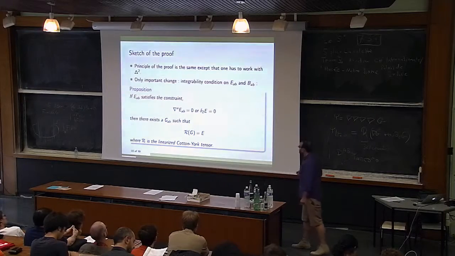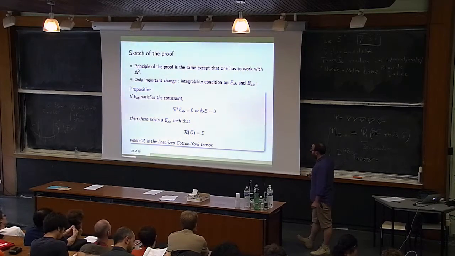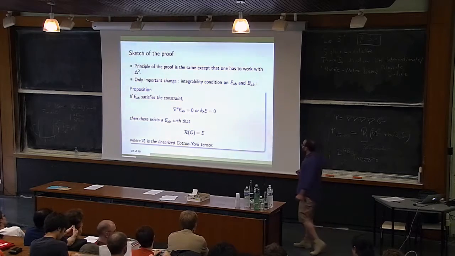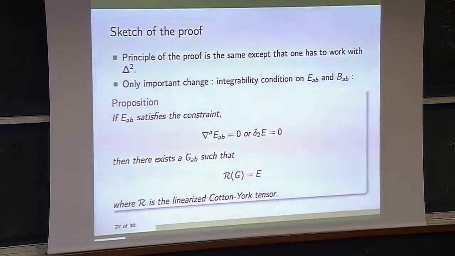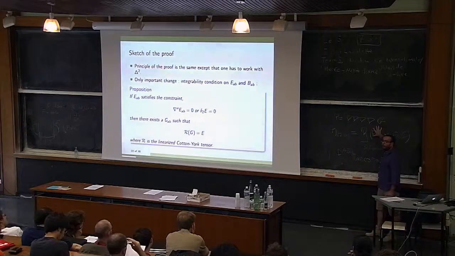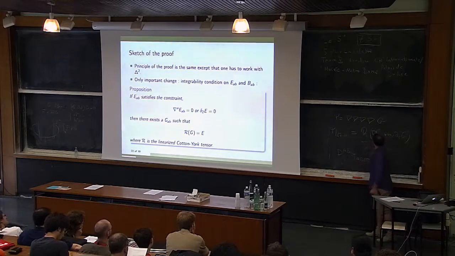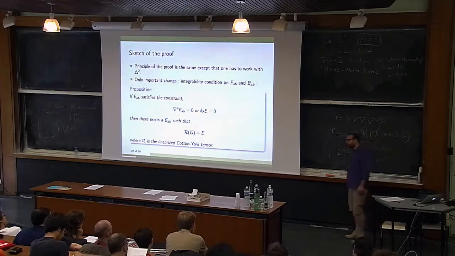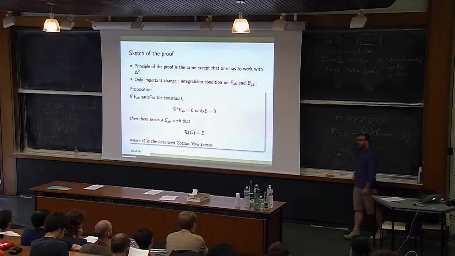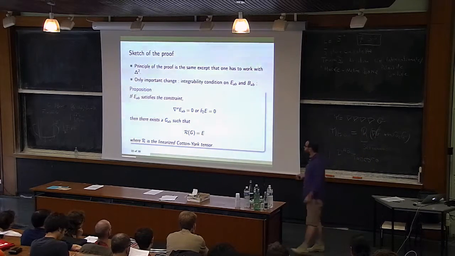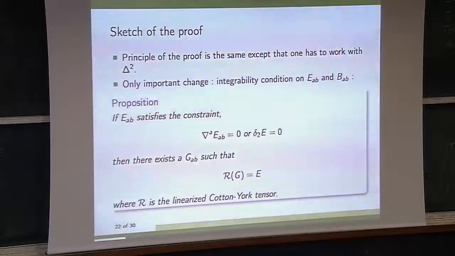If I look at the constraint equation here, this is a kind of divergence on tensors. If E_AB satisfies this constraint, then this equation here, with this part disappearing, which I don't want, admits a solution. And this R here is actually a well-known quantity because this is a linearized Cotton-York tensor.